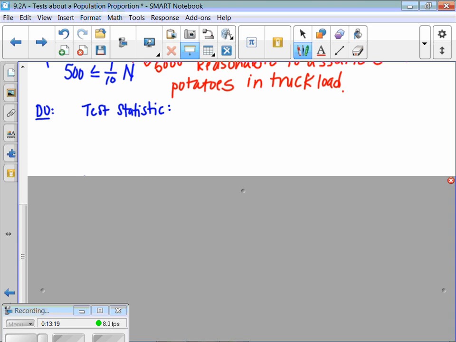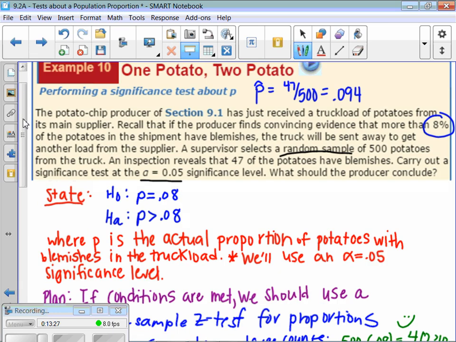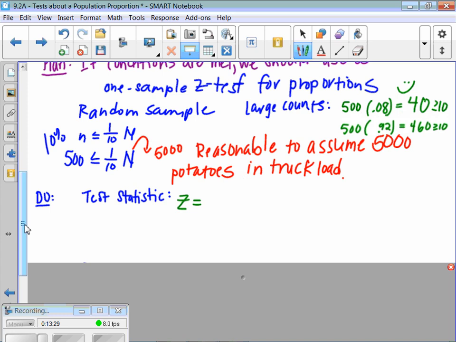We've got our z is equal to p-hat. The p-hat we already calculated up here is 0.094, minus p, which is the one we assume to be true, the 8%, divided by the square root of p times 1 minus p, so 0.08 times 0.92, divided by n. n is 500 in this case. And we get a z-score of 1.15.